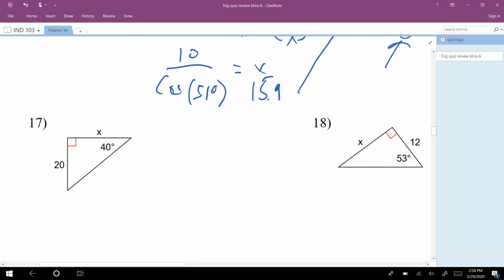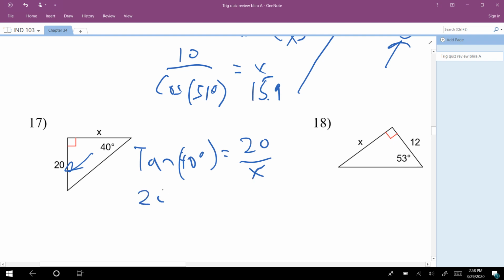Finally, here's our tangent setup. I'll just do one real quick. 40 degrees. A tangent is opposite over adjacent. So we've got tangent of 40 degrees equal to opposite, 20 over x.